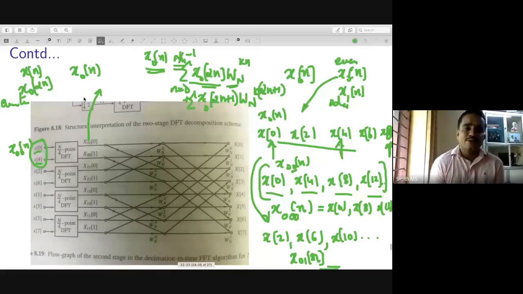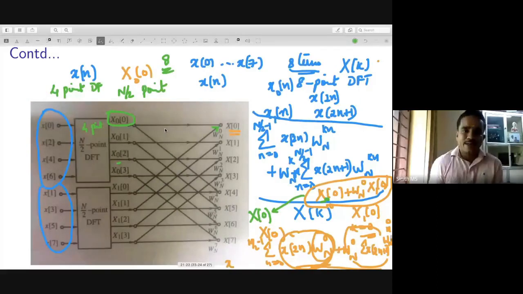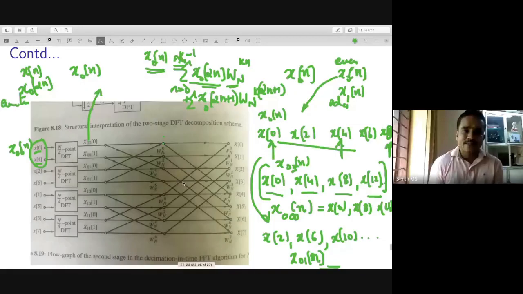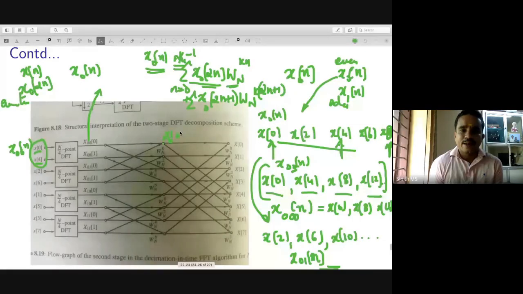That is multiplied by W_N raised to 0, and what you get here is what you have in the previous step. So capital X00 is what you get at this point. Now if you have X00, you have X10 here.